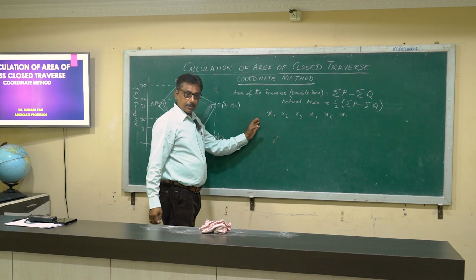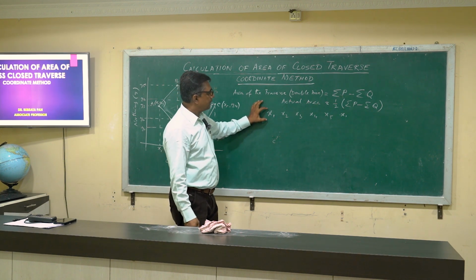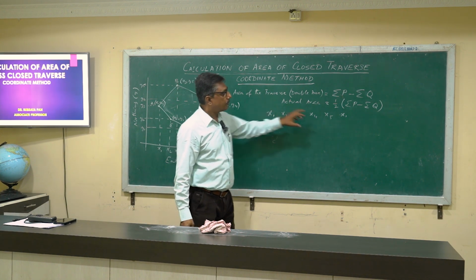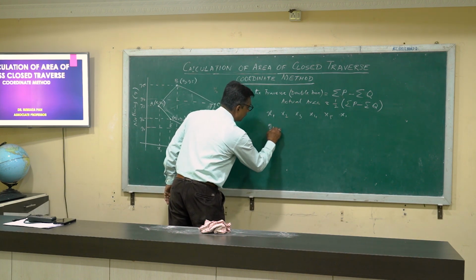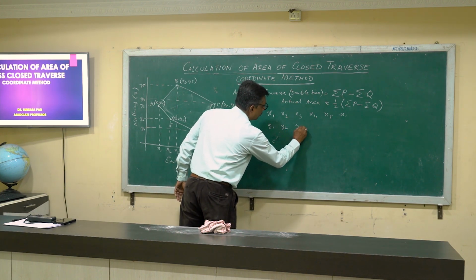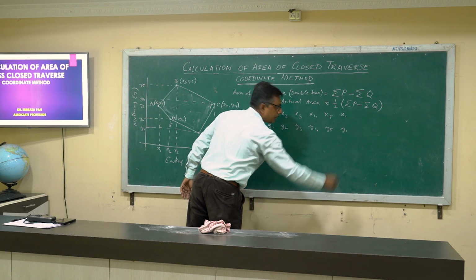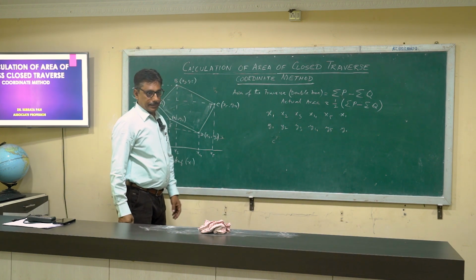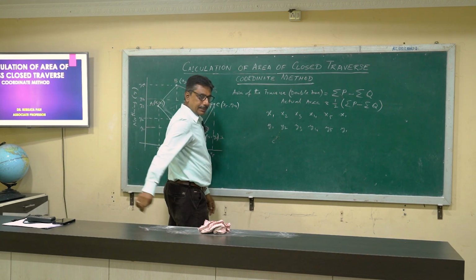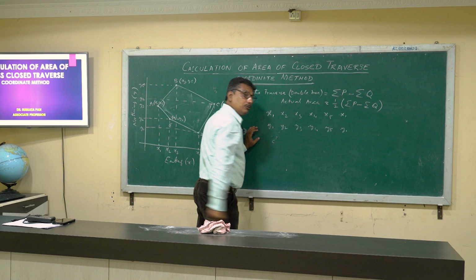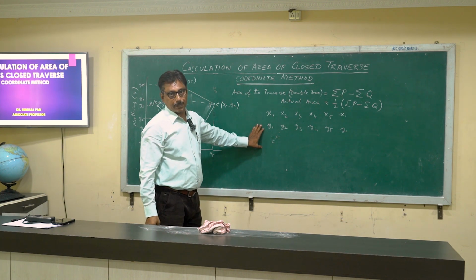So closing of the traverse is required, therefore the first coordinate has to be copied to the last coordinate value, and then y1, y2, y3, y4, y5 and again y1. Same. So the first coordinate is x1, y1 and the last coordinate must be the same as per the norms of the closed traverse.